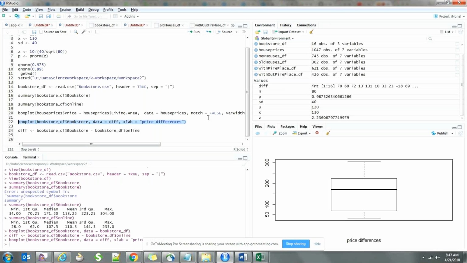So you are working on getting the diff, and you can do it here in RStudio itself. Yeah, I got the difference here. Can you see that?